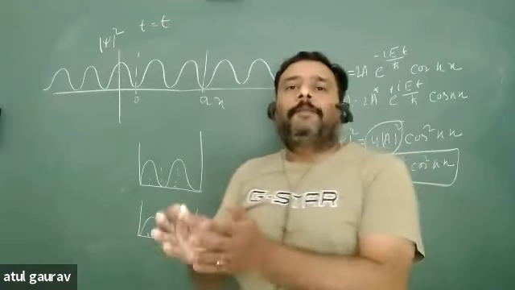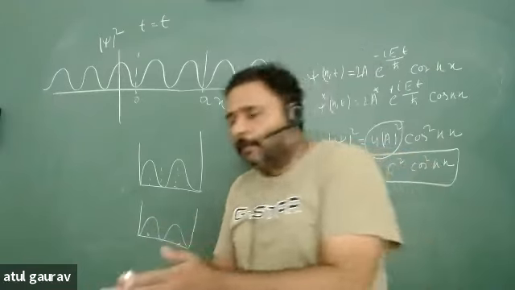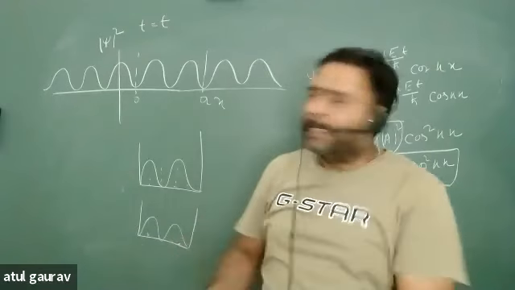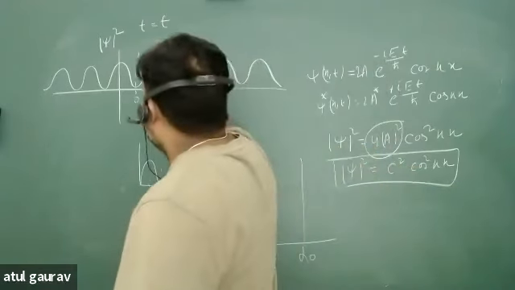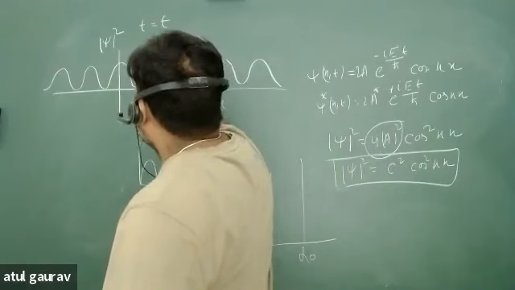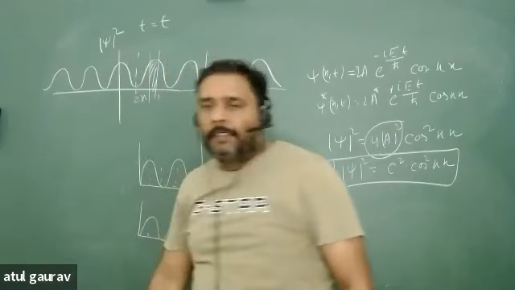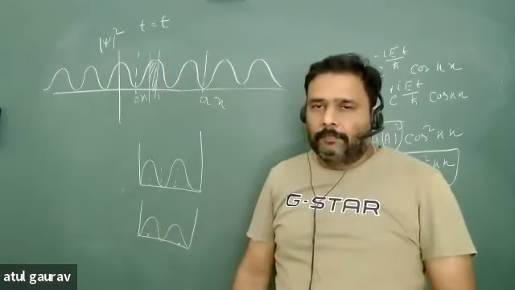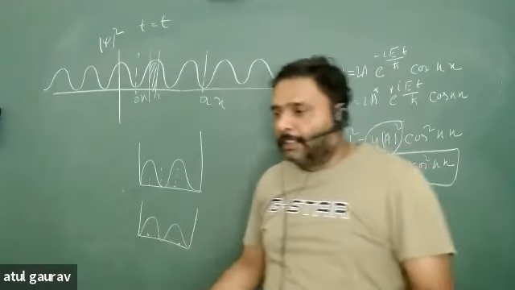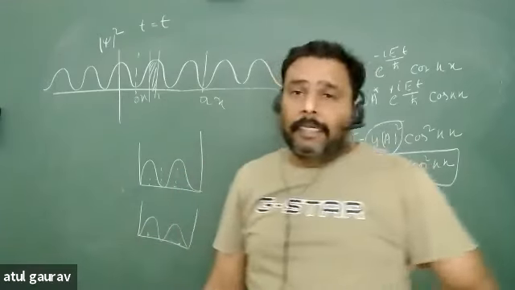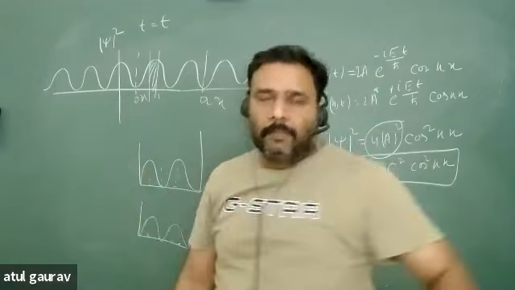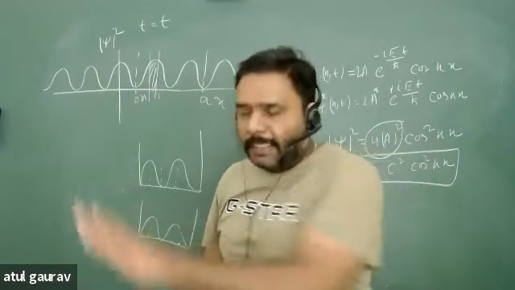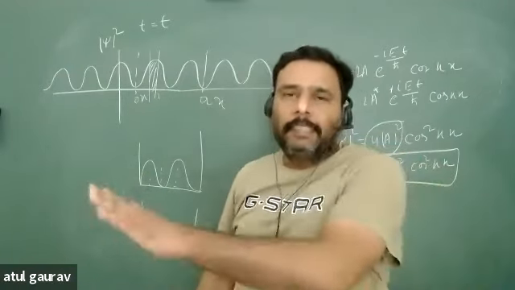And there is a finite probability to find the particle between some x and x plus dx. This area from x to x plus dx will tell you all about the probability density. So this is the ultimate thing: your state of a system is extended from minus infinity to plus infinity.